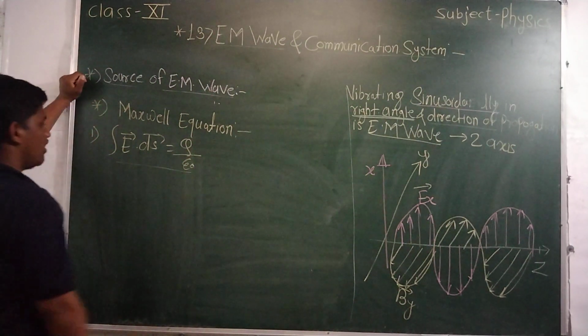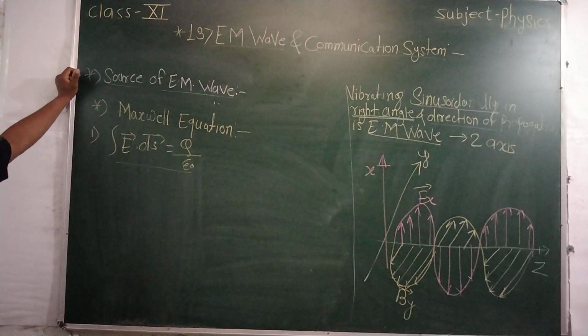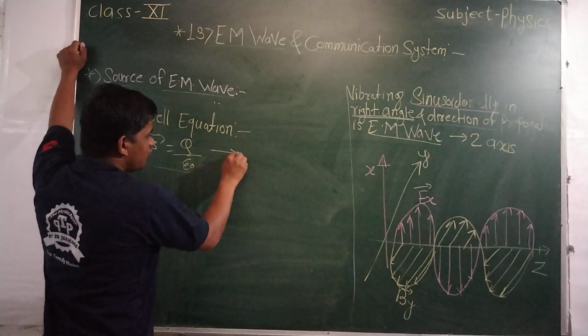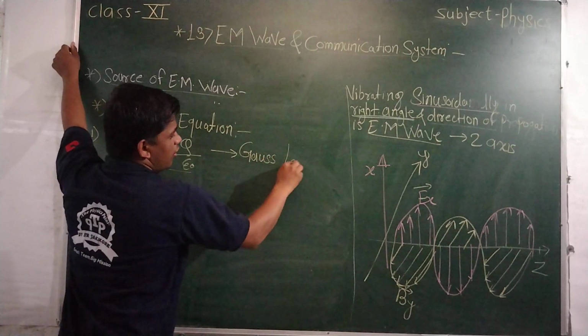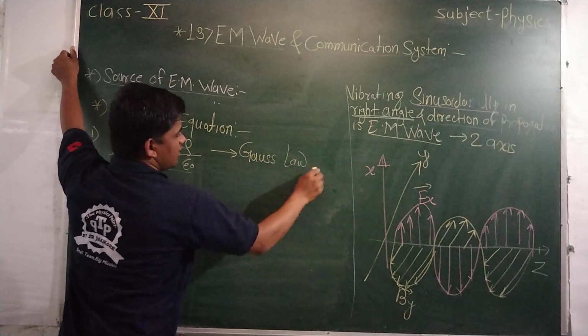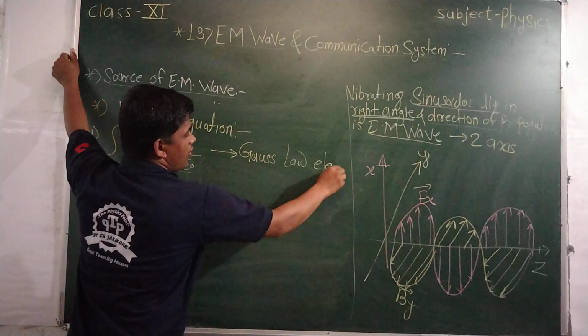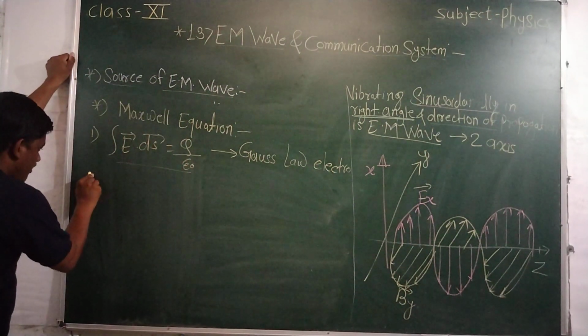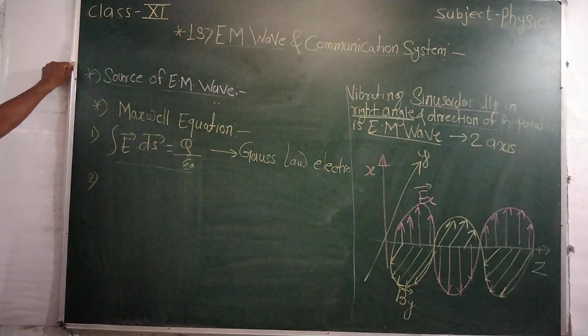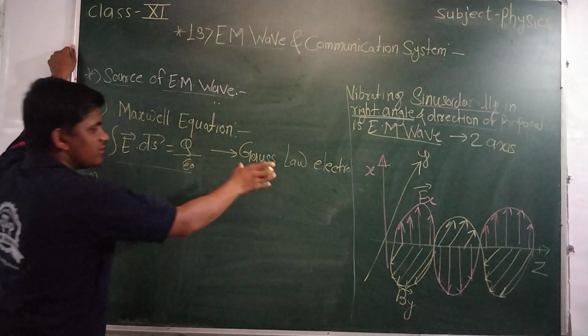This is one of the Maxwell equations, and it is also known as Gauss's law of electrostatics. Then Maxwell equation number 2, and I will write Gauss's law for magnetism.